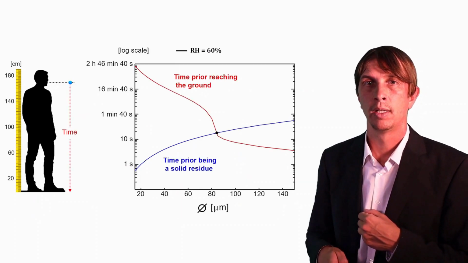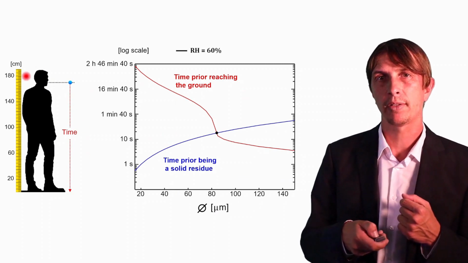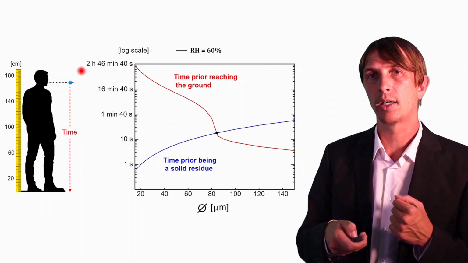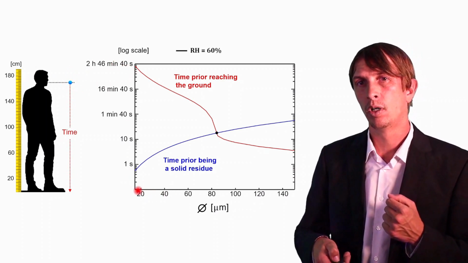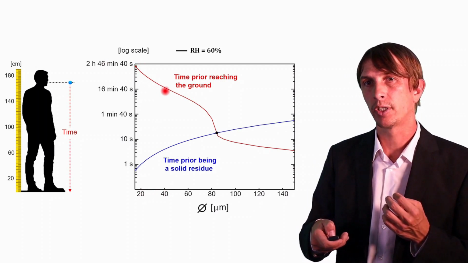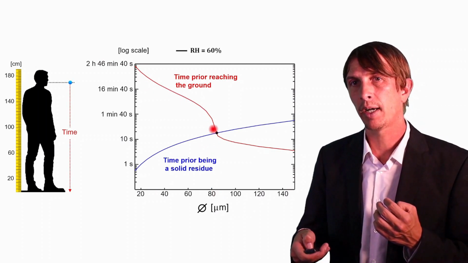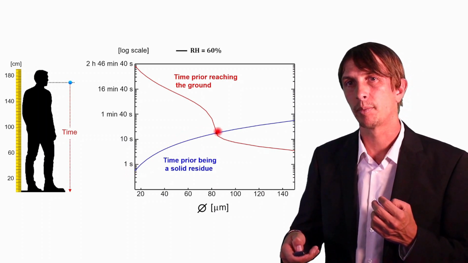Right. If now we apply those simulations and we assume a person of 1.80 meters high, we can see how long it's going to take for the droplets to fall down. And for very small droplets, we can see that it takes a very long time before reaching the ground, right? While around 80 microns, it's reaching the ground just at the time it becomes a solid particle.